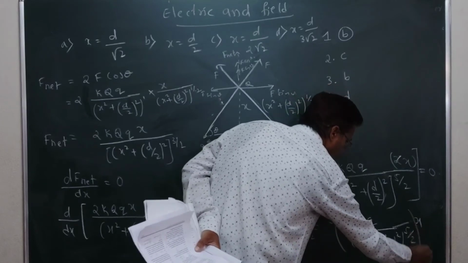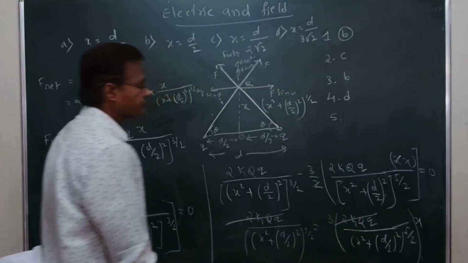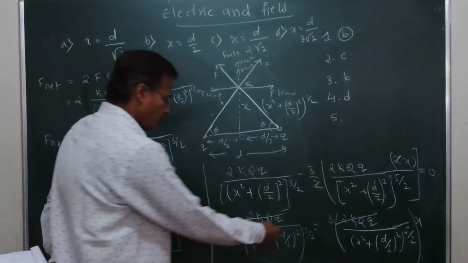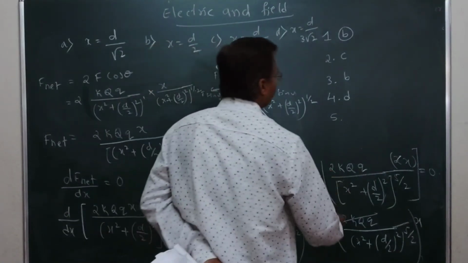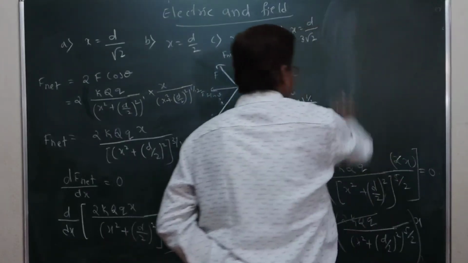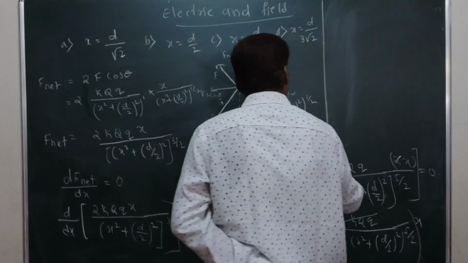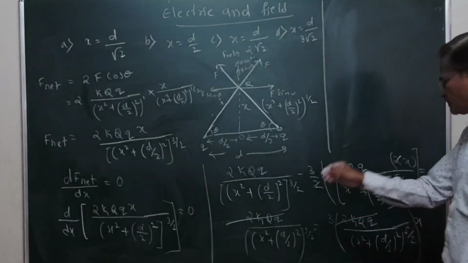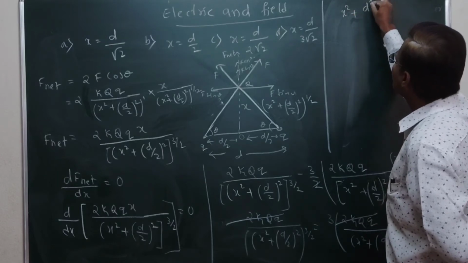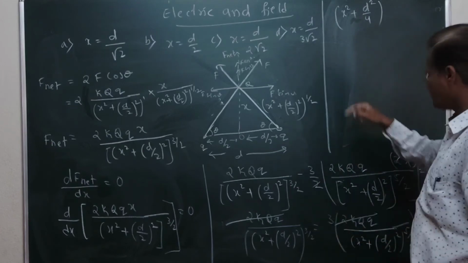This 2kq gets cancelled, and this also gets cancelled. Then when you cross multiply, we get x square plus d square by 4, with powers 5 by 2 and minus 3 by 2.